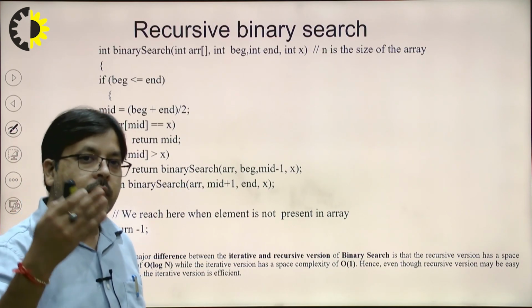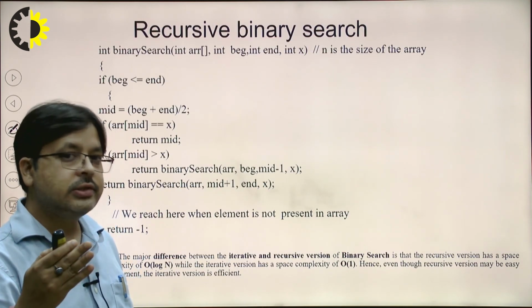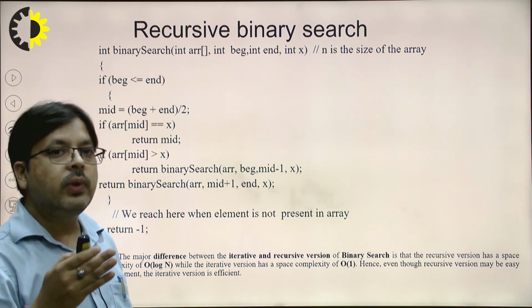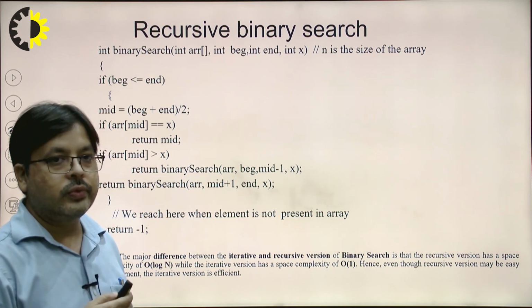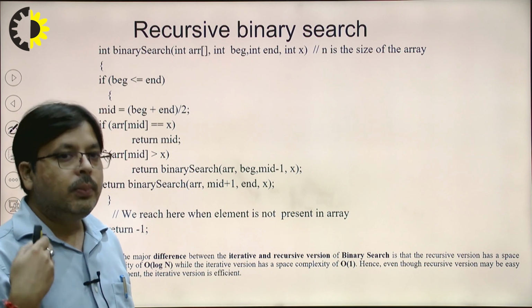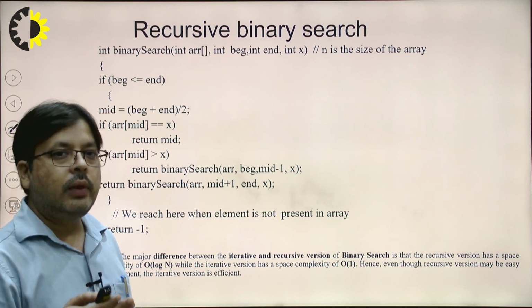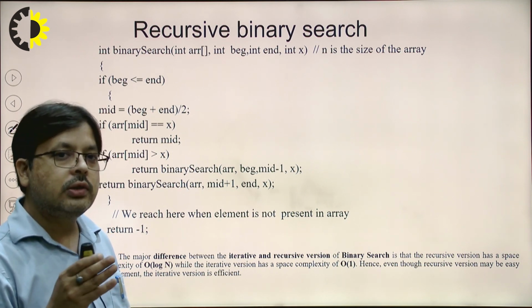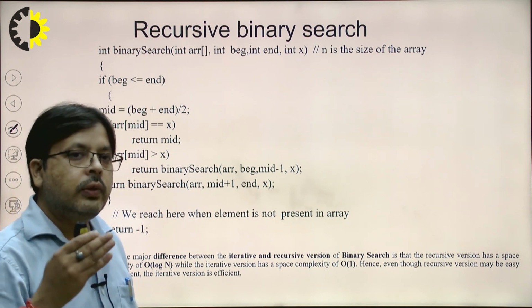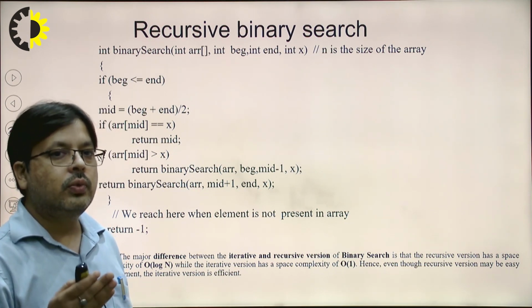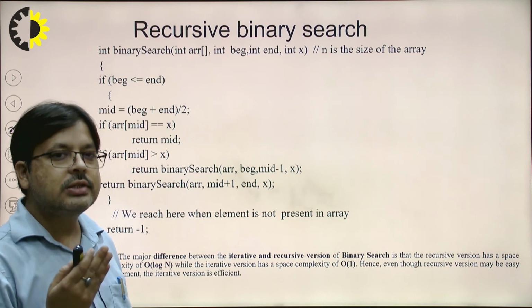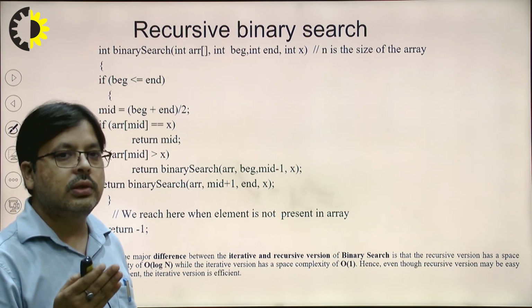Here the problem statement is the same. Here we are using a recursive approach, right? In the previous approach, which was based on divide and conquer, we used an iterative approach. Here it is also a divide and conquer approach, and the difference is that we are using recursion.